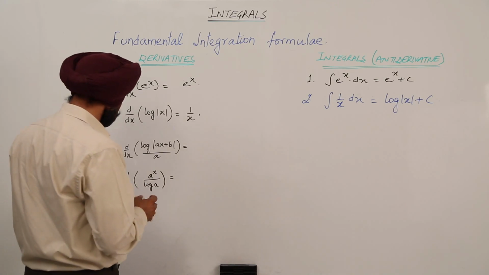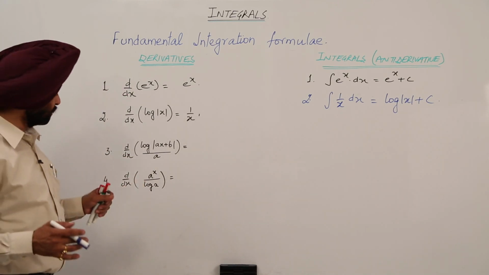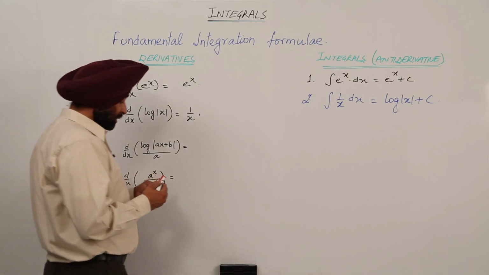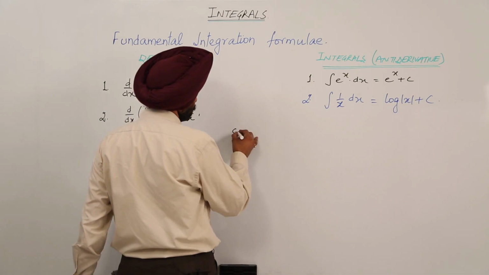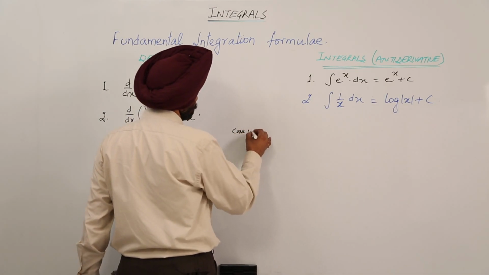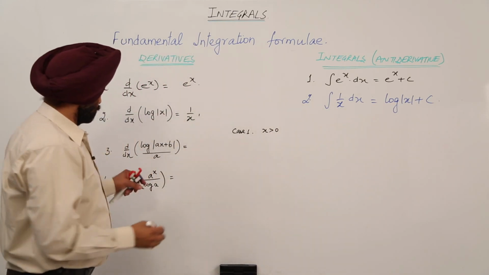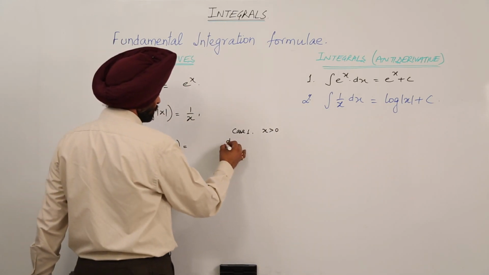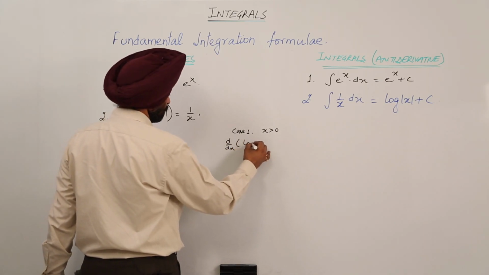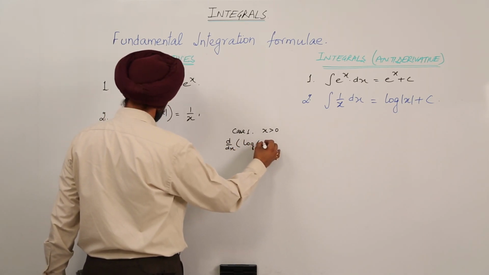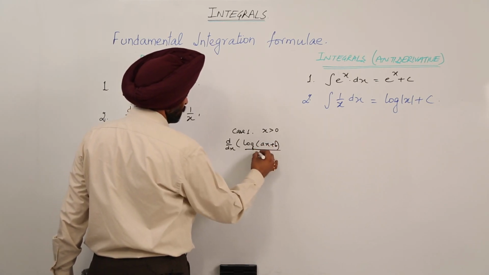Now again the next question is for log mod of ax plus b upon a. Now what is the derivative for it? Now case 1, x is greater than 0. Now d by dx of log of ax plus b upon a.